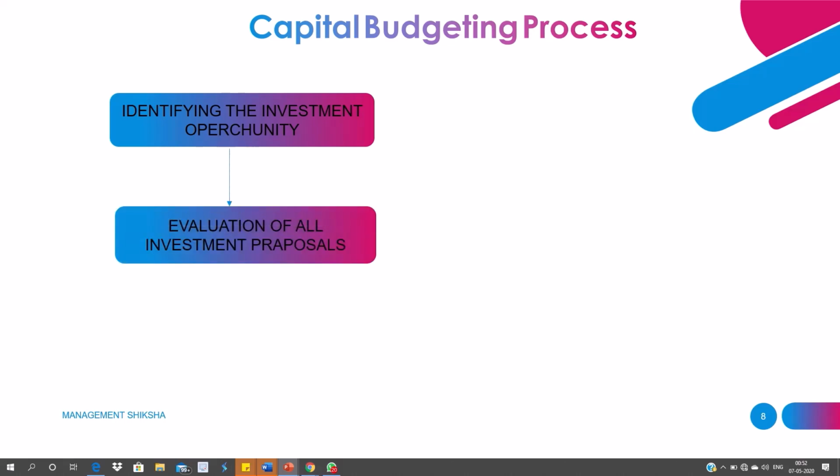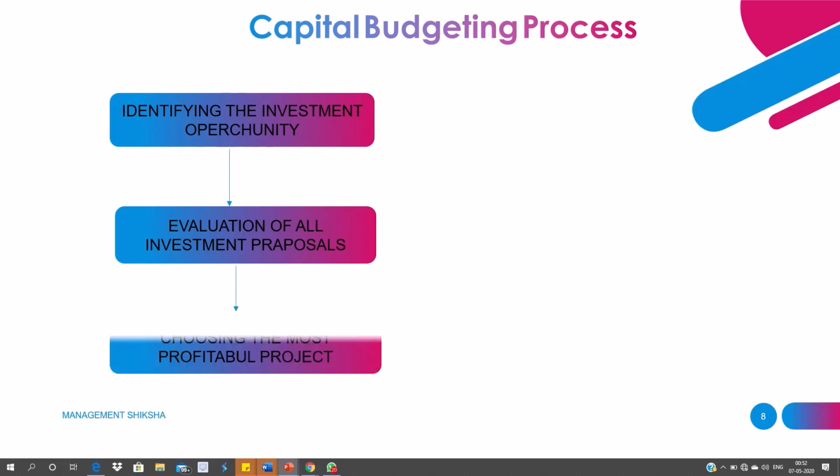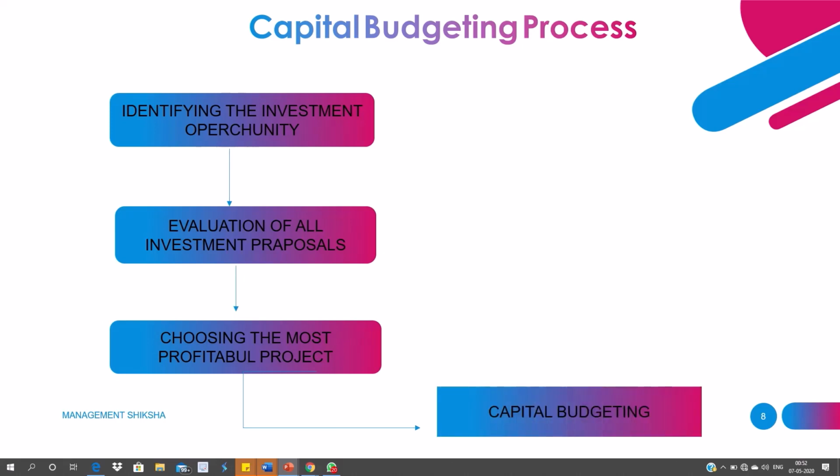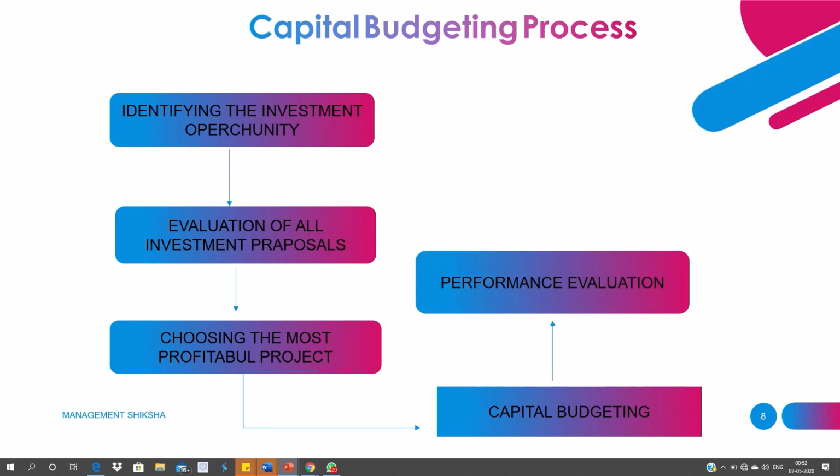Based on the evaluation process, they are able to choose the most profitable investment. Based on that proposal, the companies can do the capital budgeting and appropriations. Finally, based on the performance review, the companies are able to select the best project from the different alternatives they have.